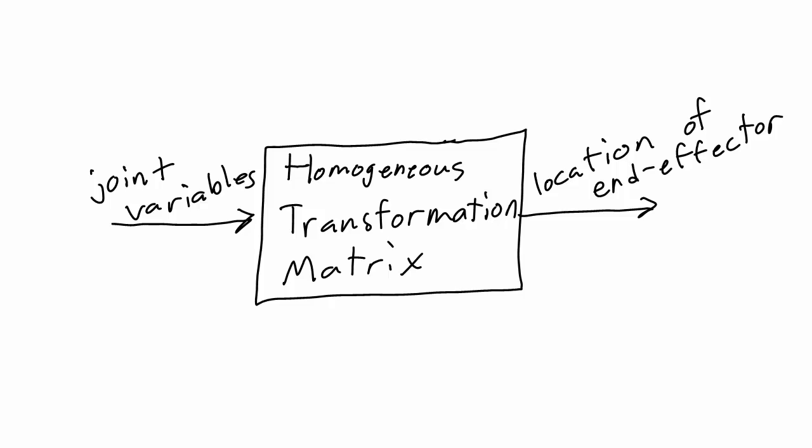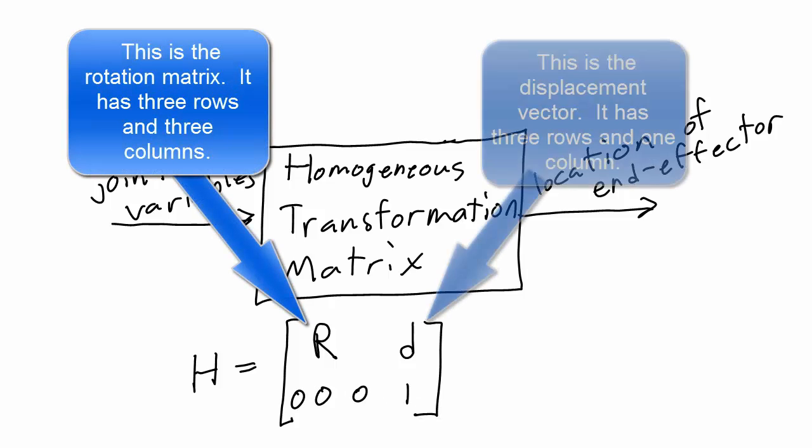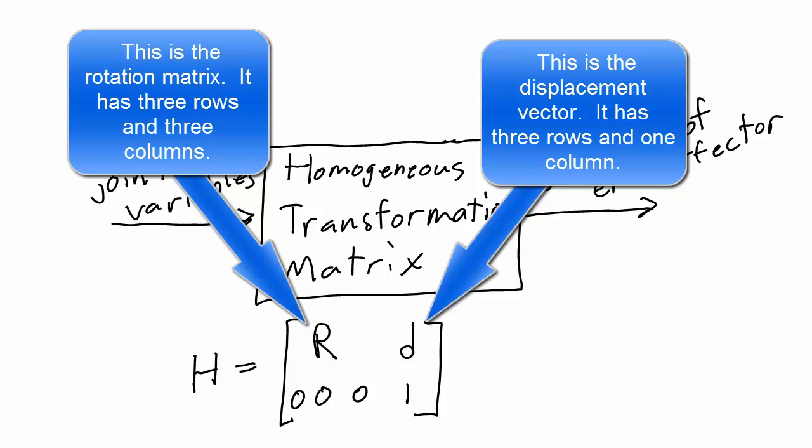We learned that a homogeneous transformation matrix has two parts, a rotation matrix and a displacement vector. We learned about rotation matrices in the last set of videos. Today we will learn how to write displacement vectors.